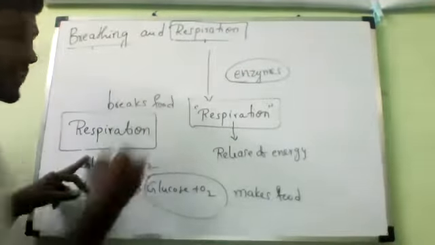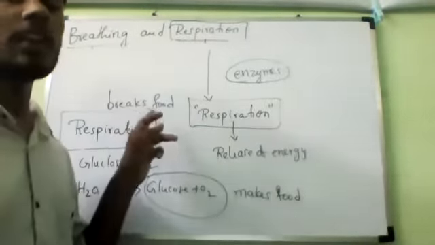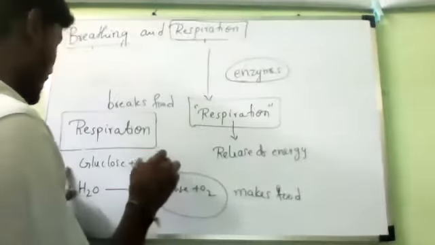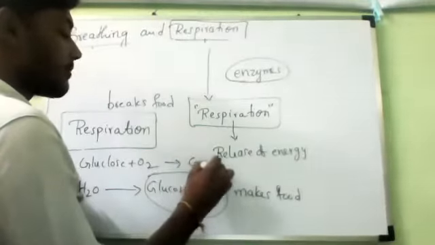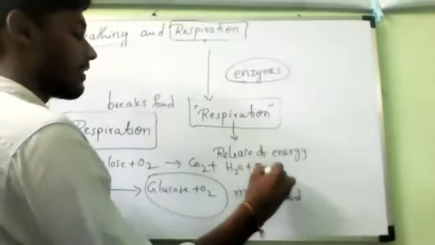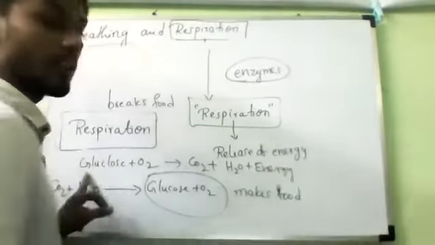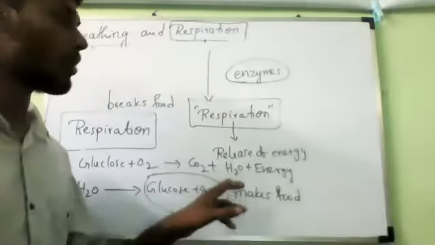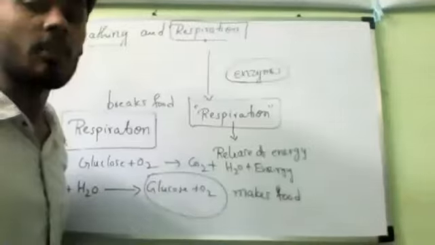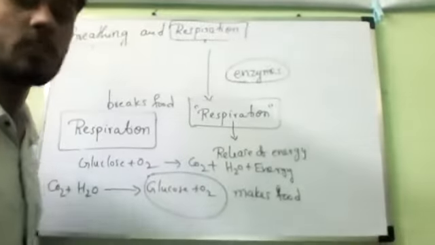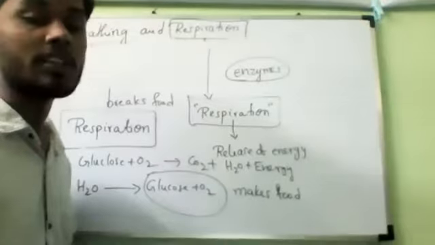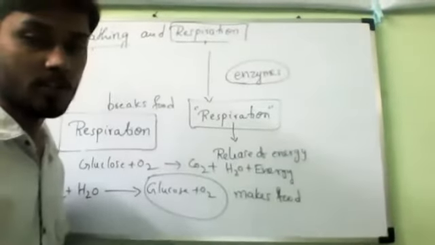It breaks food by using oxygen, and they release what? Carbon dioxide and water. Along with that, energy is released. So this is just opposite to the photosynthesis process. So now, this is all about what is breathing and what is respiration. You understand or not?